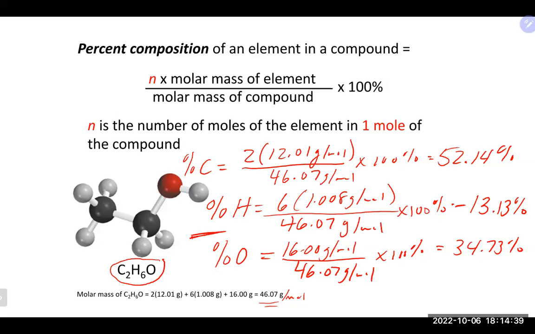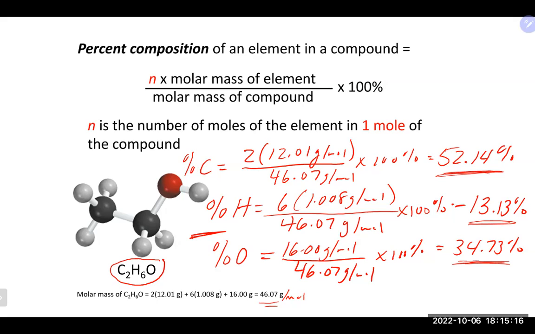We could have added up those two and subtracted from 100, and that would have given us the percentage of oxygen. Obviously, when we add up all of the percentages here, they should be approximately 100%, and they are in this case. If you have way more than 100%, then something probably went wrong. So by mass, this is mostly carbon, followed by oxygen, with hydrogen being the third percentage. Any questions on how to calculate percent composition by mass for each element?